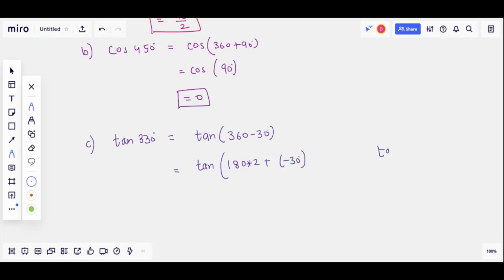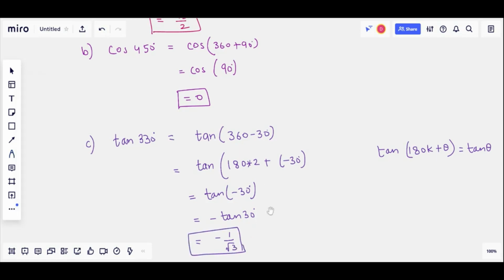So if we recall the formula says that tan of 180k plus theta is actually equal to tan theta. So this is 180k plus theta format. So this will be equal to tan theta, where theta is negative 30. And now we use the odd even property. We know that tan is an odd function. So negative comes outside. Tan of negative 30 is nothing but negative tan 30, and tan 30 is nothing but 1 over root 3. So negative 1 over root 3 will be the final answer in this case.